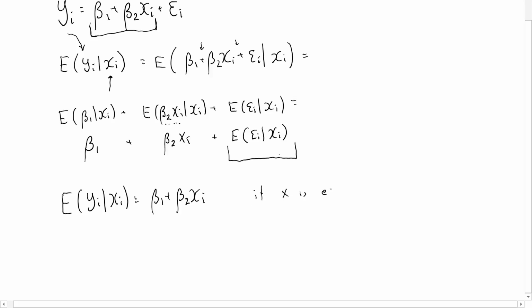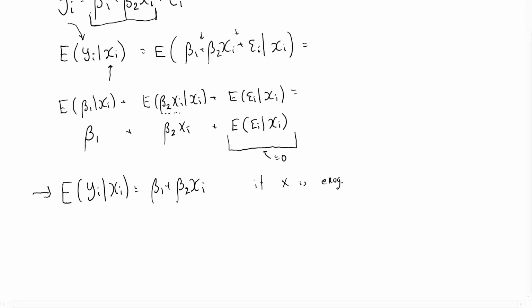If x is exogenous. And you can equally well define exogeneity as this relationship holding. So you can also say that x is exogenous if this is true, because it's exactly the same thing as this being equal to 0.